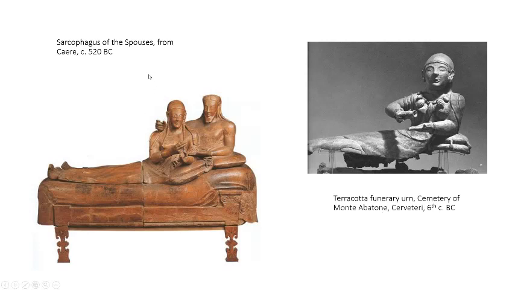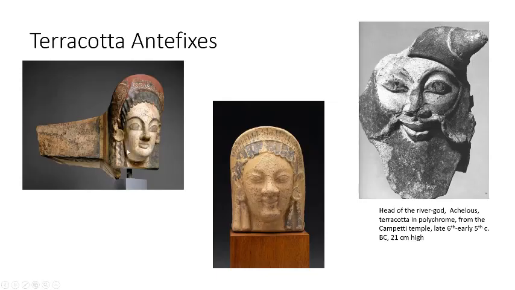The spouses are found at the site of Cerveteri, and then the funerary urn, which was used for a cremation as opposed to an inhumation, which the one on the left was, dated to the same period and was found at a different site, Chiusi. But you can certainly see the relationship in the poses of these two individuals.